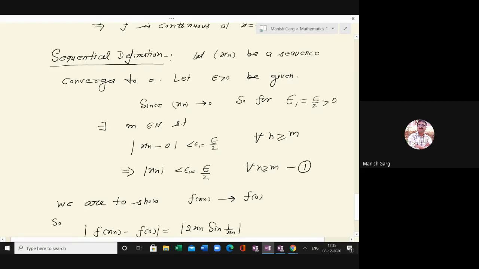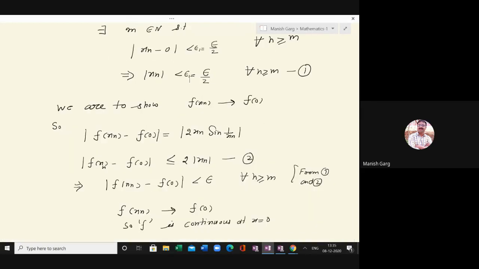There is no need to write it, because you can easily see that mod f(xn) minus f0 is less than epsilon. Otherwise you can start from epsilon, so here it will be 2 epsilon. There is no problem.